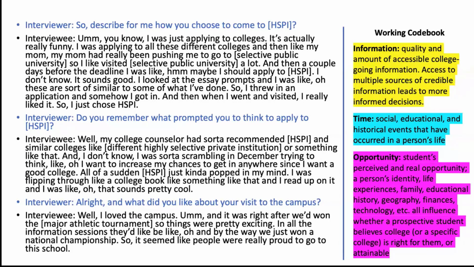I think someone said about time being like the essay prompts, and I had put essay prompts as opportunity because I think that's when a student can explore their identity and put that onto paper. And I think that does intersect with time in terms of the fact that they've already done some writing, so they have the opportunity to apply on that limited time frame because of the work already done.